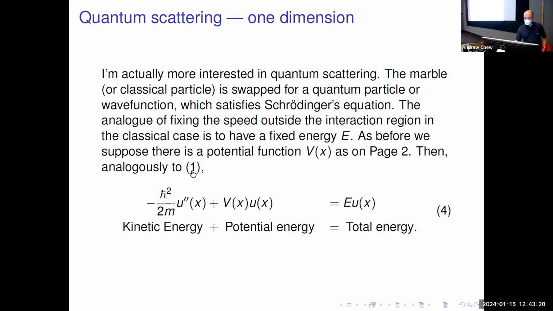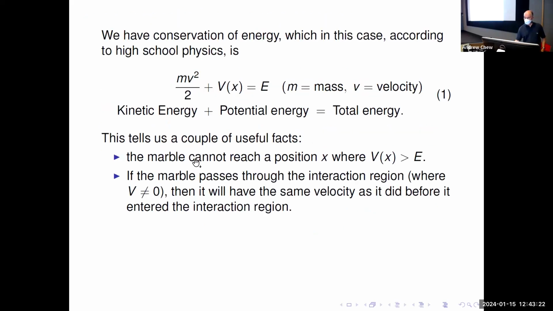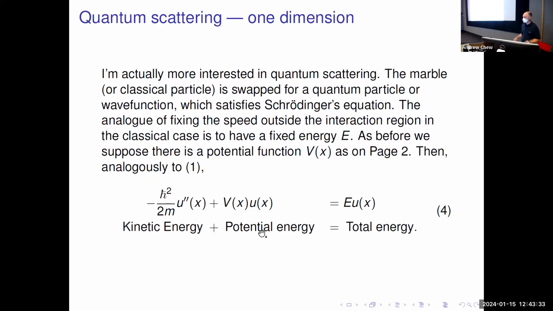Before, go back to this equation 1, we had this energy equation for the marble: kinetic energy plus potential energy equals total energy. Similarly, in quantum mechanics, we have the same equation in a sense, but with the quantum mechanical analogues. The kinetic energy is now this term here. This is one dimension to start with.